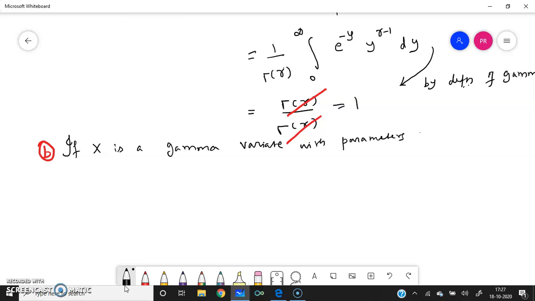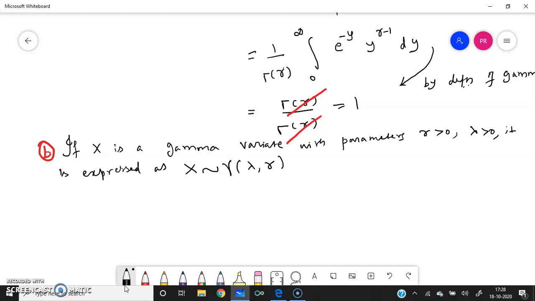There are two parameters, r greater than 0 and lambda greater than 0. X follows the gamma distribution. There are two parameters, lambda and r, right?